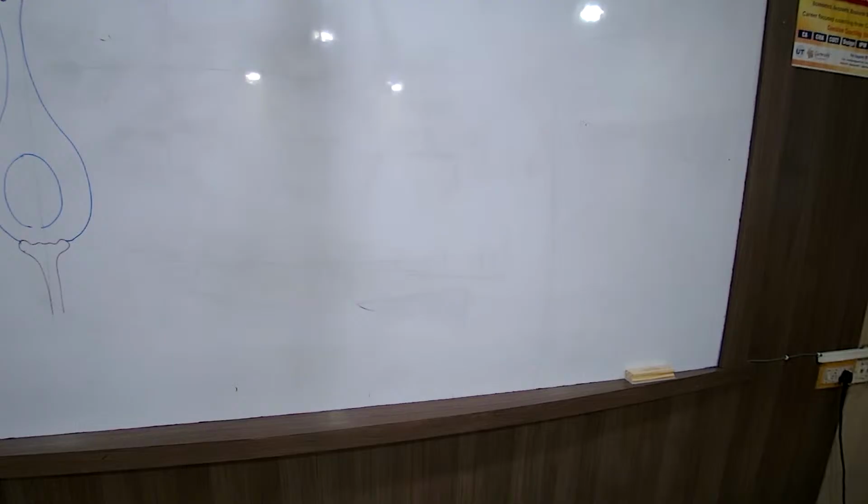And now what about the nuclei? The generative nucleus divides into two more. And where is the vegetative nucleus? It remains. So these two are known as the male gametes or the male nuclei. What about this vegetative nucleus? It remains as it is.